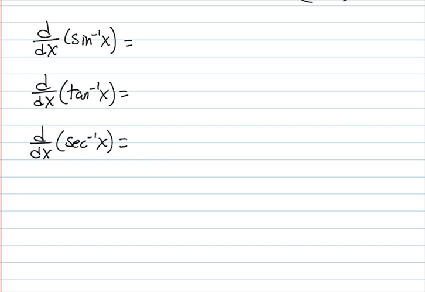Much like back when we were talking about the derivatives of trig functions, I said go ahead and memorize these, and I'm going to say the same thing here. Let me list these three. I am going to be honest with you, they don't come up very often.